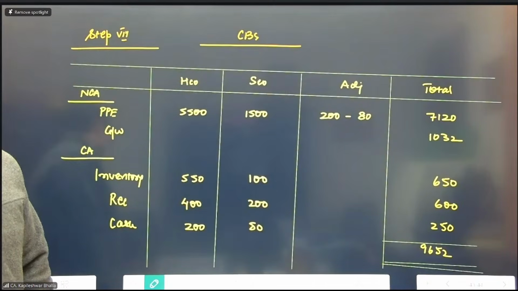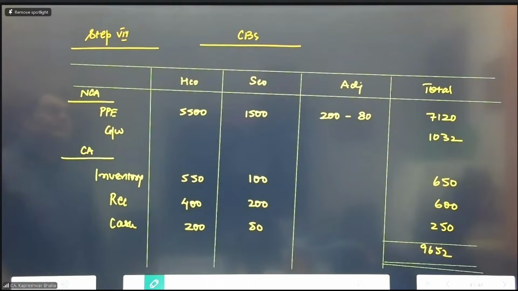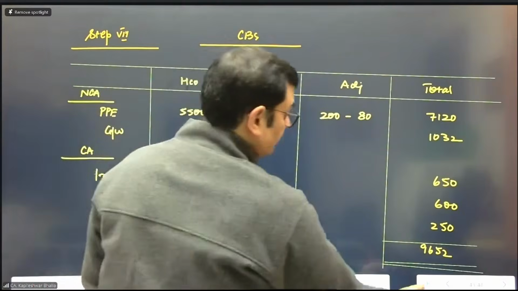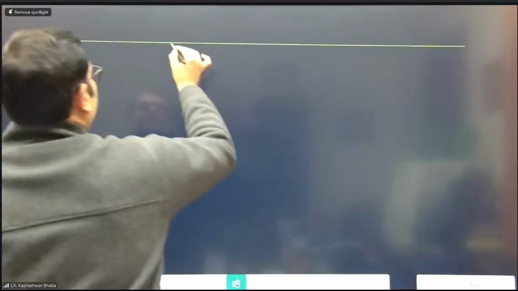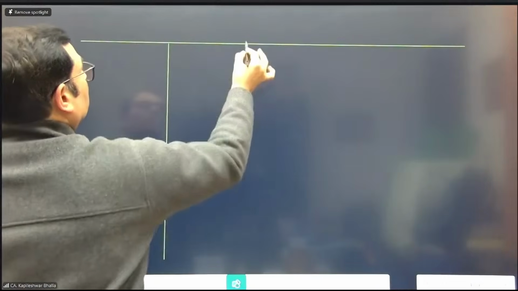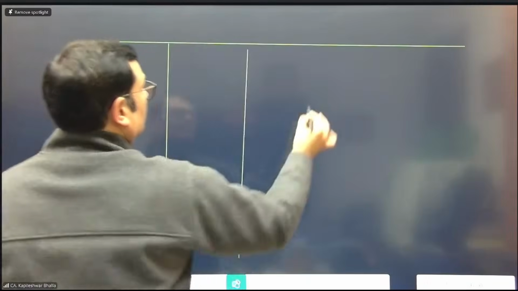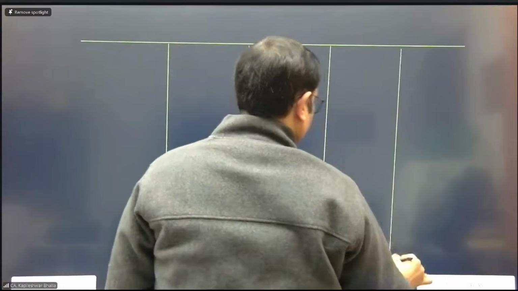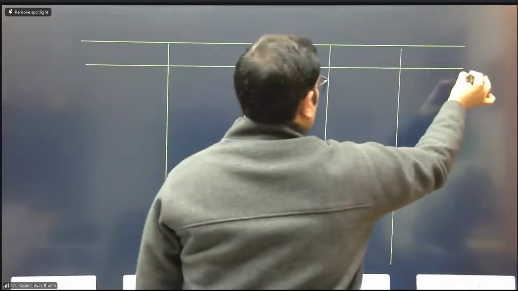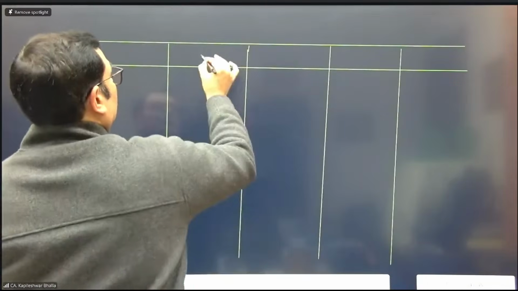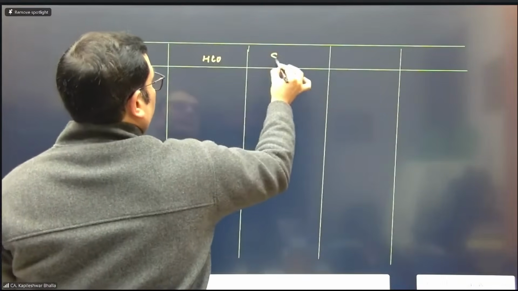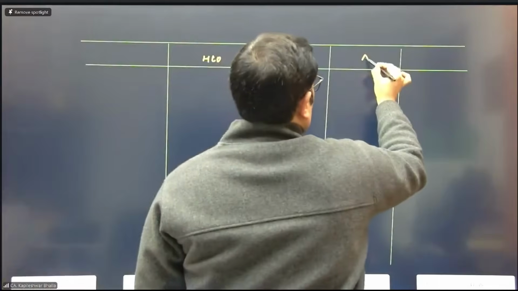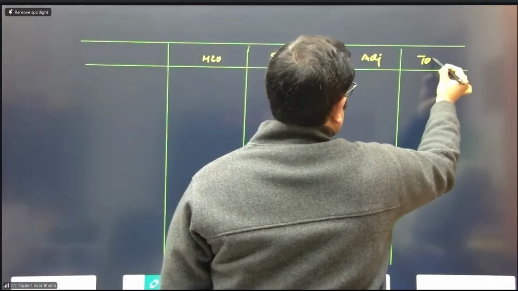Okay, so now we can make the liability side of the balance sheet. The asset side is done. Same lines, columnar information: holding, subsidiary, adjustments, and total.